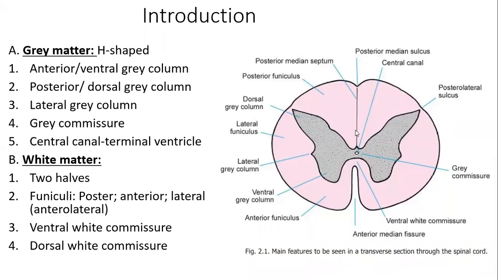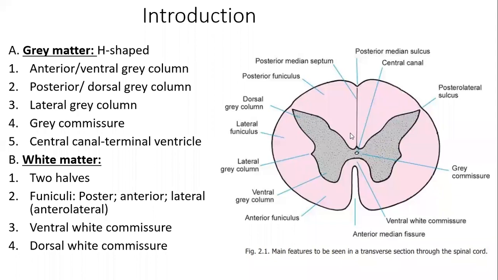Whereas posteriorly, we have no dorsal white commissure because of the extent of the posterior median septum. But at some levels of the spinal cord, this posterior median septum may be incomplete, especially its extent till the gray commissure.